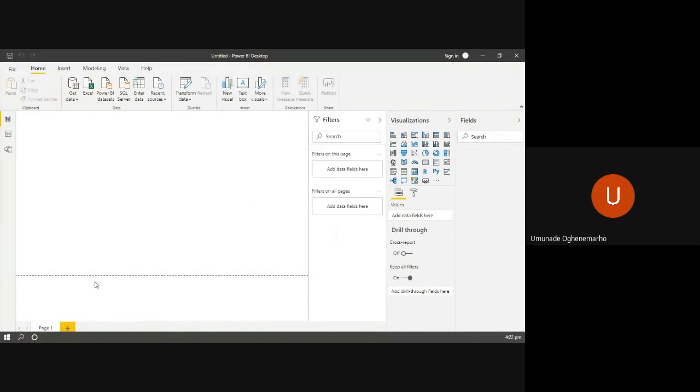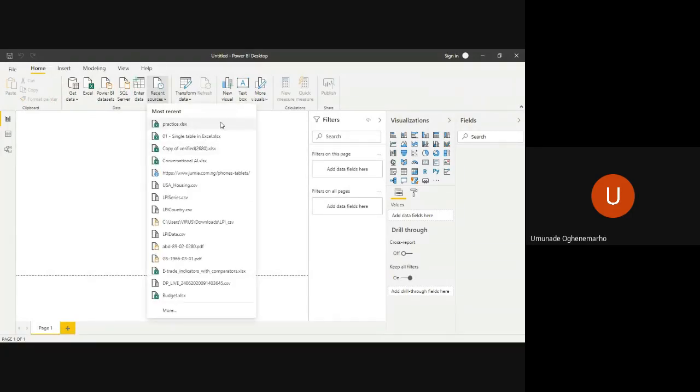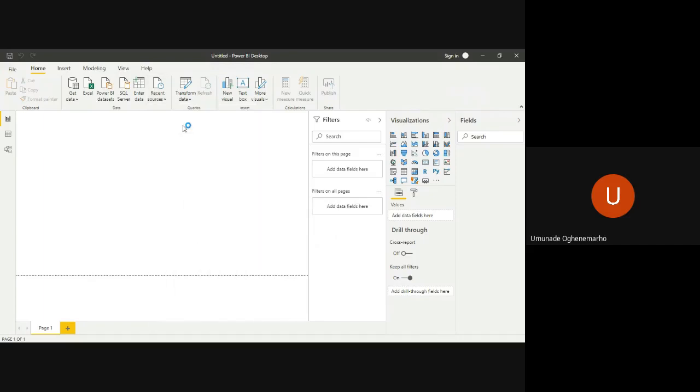Now, as we know this platform, we just go get our data as usual. Okay, let's take the practice data this time. And we'll also be getting a couple of other data that we have not been using. So a couple of CSV.